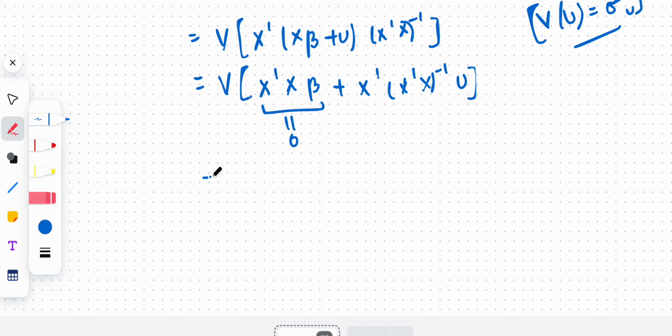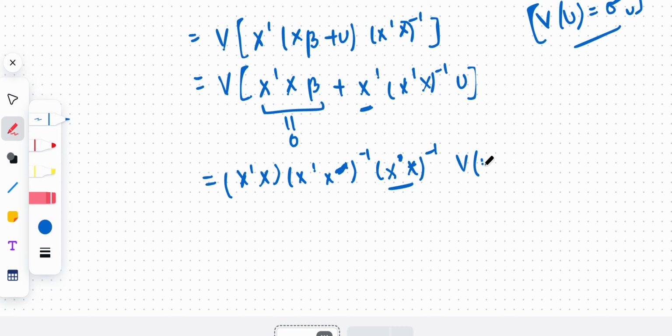This will basically turn out like (x transpose x) inverse squared, we square this, then we square this, and the variance of u.